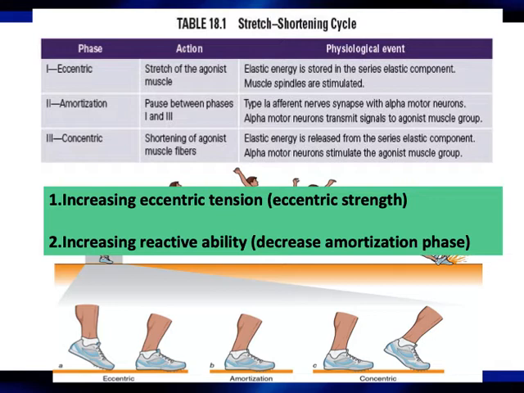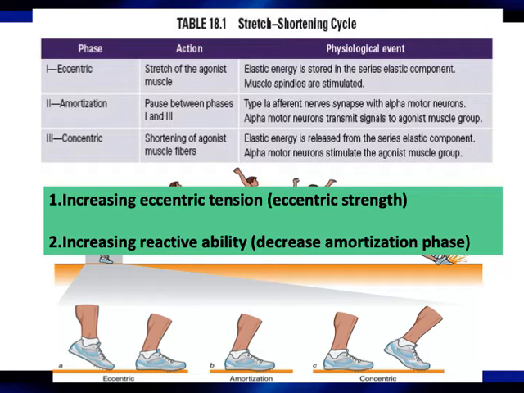There are 3 phases of this stretch-shortening cycle. The first one, as we've talked about, is the pre-stretch, which is the eccentric phase. The action is the stretch of the agonist muscle, and the physiological event is that elastic energy is stored in the series elastic component, and the muscle spindles are stimulated from the stretch. The second phase is amortization, and this is a momentary pause between phases 1 and 3.